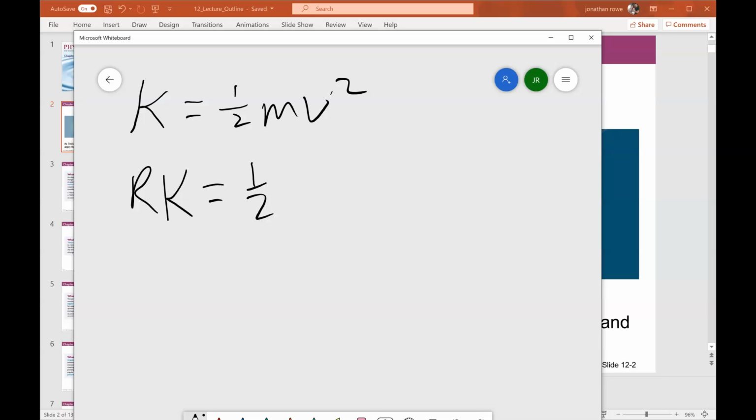Just like mass is an object's inherent characteristic that makes it resistant to change its motion, that's what the moment of inertia is for rotational stuff. Its letter is I, and then instead of v squared, it's omega squared, which, if you'll remember, is angular velocity.